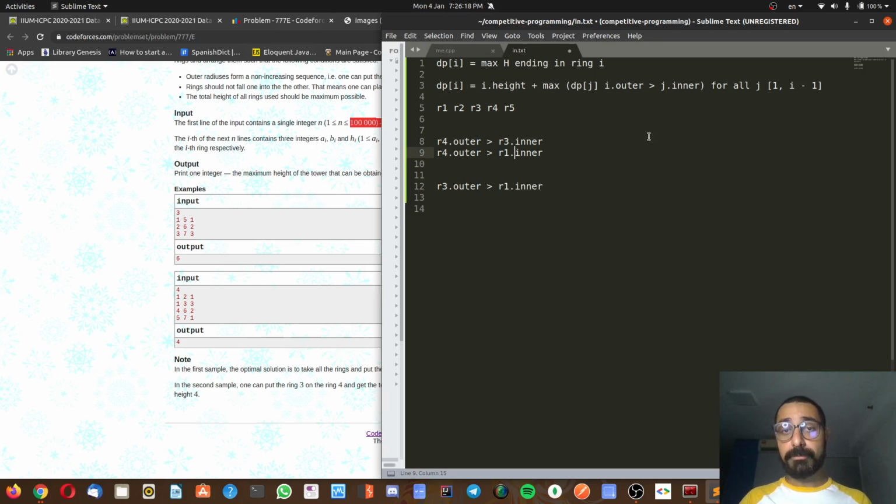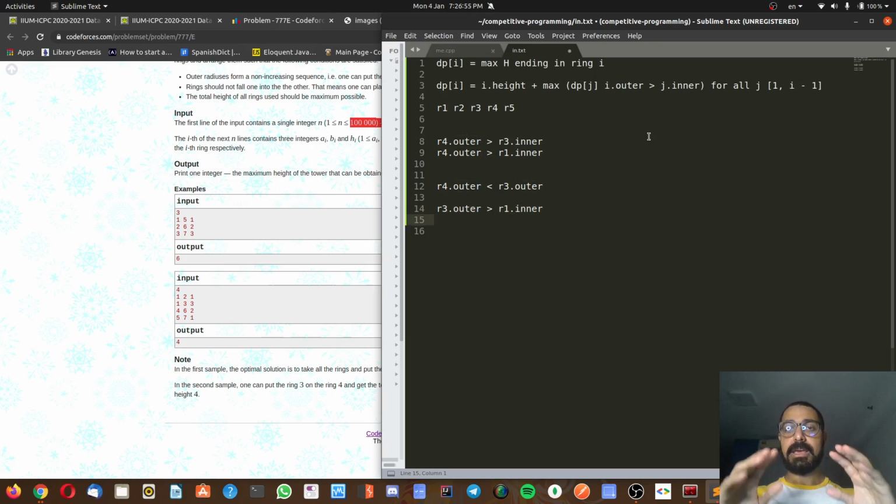If R4 outer is greater than R1 inner, and R4 outer is already smaller than R3 outer, because we already sorted by the outer ring, so the biggest outer ring is R1, and then R2, and then R3, so the outer ring of 4 is smaller than 3. Then of course, if this condition is true, the bigger outer ring will still be bigger than the R1 inner.